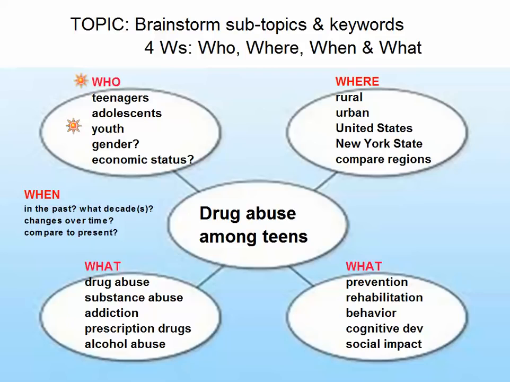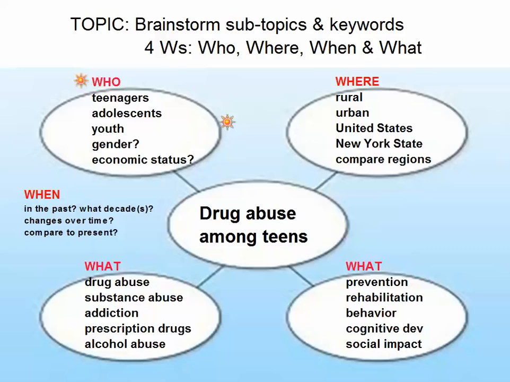Another way is also subtopics. You think about the demographic of a teenager. But if a researcher is looking at this, might they be able to slice the demographic of a teenager into smaller segments? For example, the gender of the teenagers, or the economic status, or the ethnicity, etc. Might those aspects of the teen's environment have an effect on when and how they abuse drugs, for example? So that is the first W, that's who.